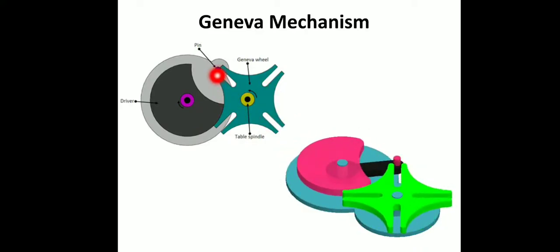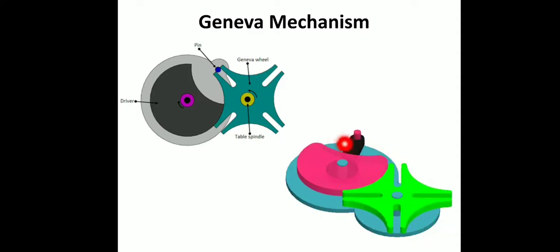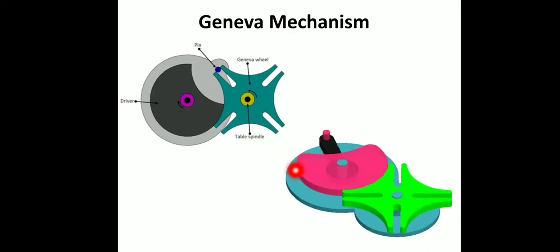When the driver wheel rotates, the pin will mate with the Geneva wheel at a specific point and rotate it, and when the driver rotates again, the Geneva wheel will be at rest. Another full rotation completes and the Geneva wheel once more rotates to the next position. This is the working of a Geneva mechanism.